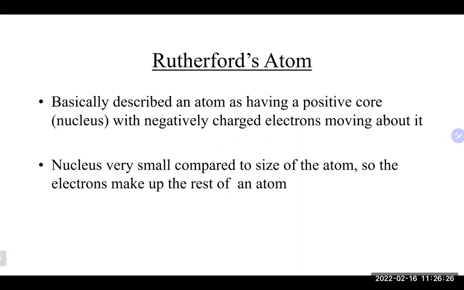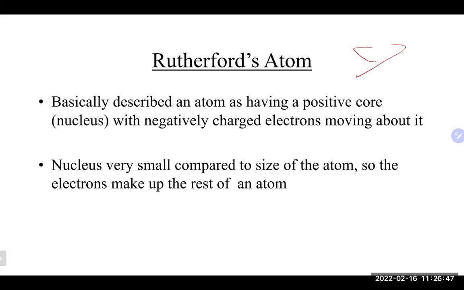As we talked about with Rutherford, the basic idea was described as really the atom having a positive core, and we have these negatively charged electrons, as we talked about, flying around the nucleus at some distance, as we'll see in this chapter as well.